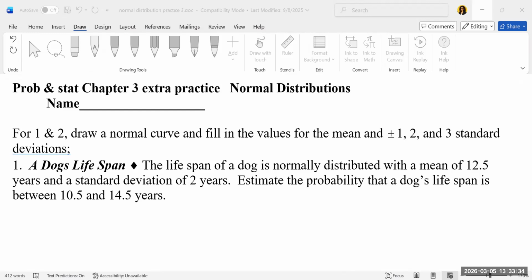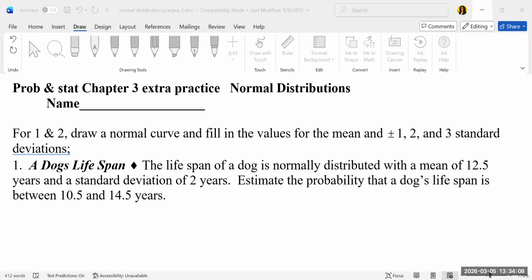Remember from unit 1, the area under the normal curve is 1. According to the empirical rule, the area between minus 1 and plus 1 is 68. 68% of data lie between plus or minus 1.